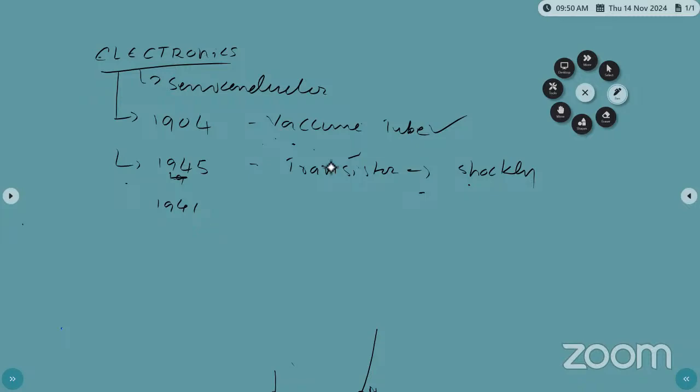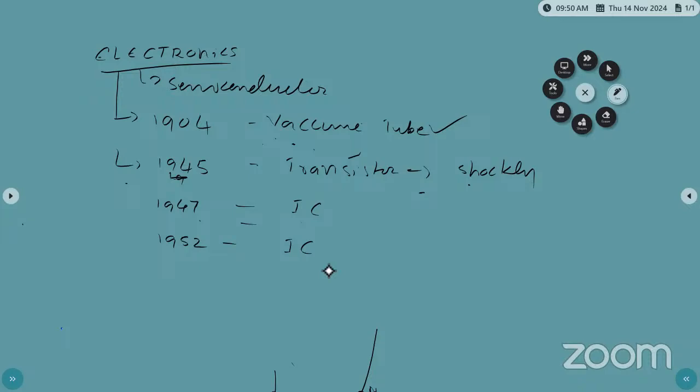Vacuum tubes were replaced by the transistors. And after transistors, the IC, the integrated circuits, and in 1952, a family of large components built into the integrated circuit.